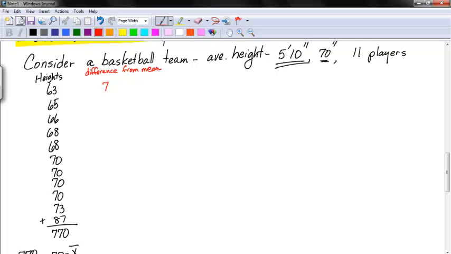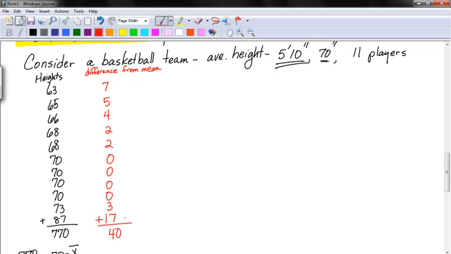Our mean was 70, and it's the absolute value of it. Okay. 65 would be 5, 66 would be 4, 68 would be 2, 2, and then 4 zeros, and then 3, and then 17. Okay. And then if you add those up, you would actually get 40.